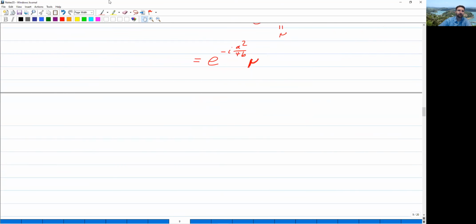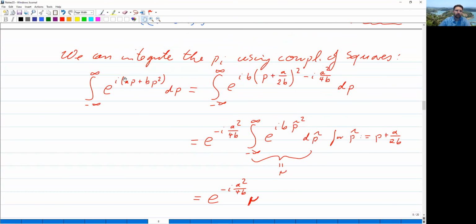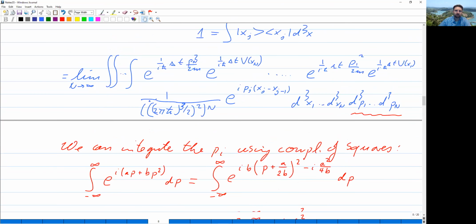So let's identify now what the A and B are. These two constants we can read off.